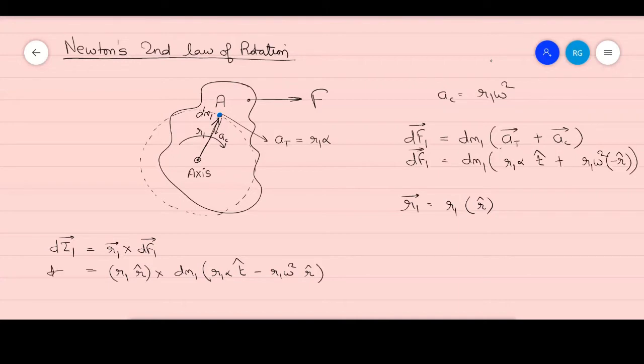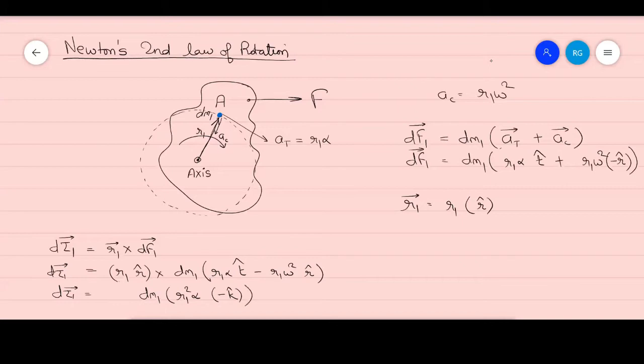So d tau 1 will be equal to dm1 r1 times r1 alpha, which gives r1 square alpha, and r cap cross t cap gives us minus k cap because it is in the clockwise direction. The second part is r cap cross r cap, which gives us 0.